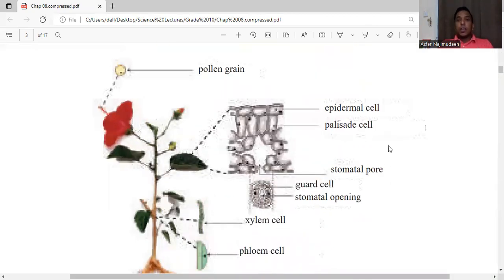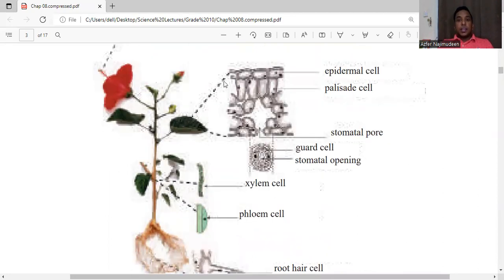Here you can see a transverse section of a plant leaf. Okay. In this, you can see that this is the top layer of a cell. The top cell layer is epidermal cell. Then you get the palisade cell, right? Then you have the xylem cell. Then you have the phloem cell. You all know that you have studied this, that a collection of xylem cells will form a tissue, xylem tissue.